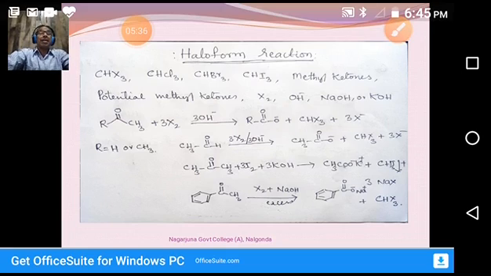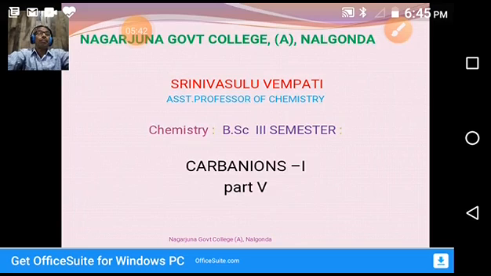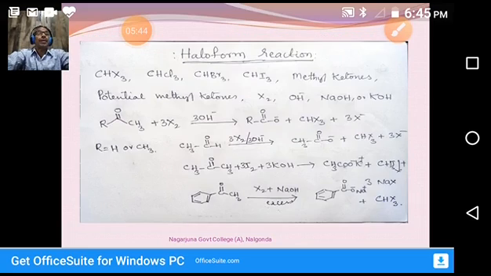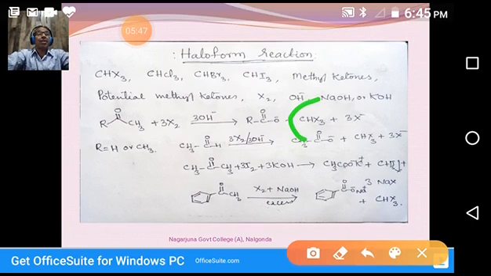In the place of X, if we take chlorine, we get chloroform. If you take bromine, we get bromoform. If you take iodine, we get iodoform. In the place of R, it may be H, methyl, or phenyl.